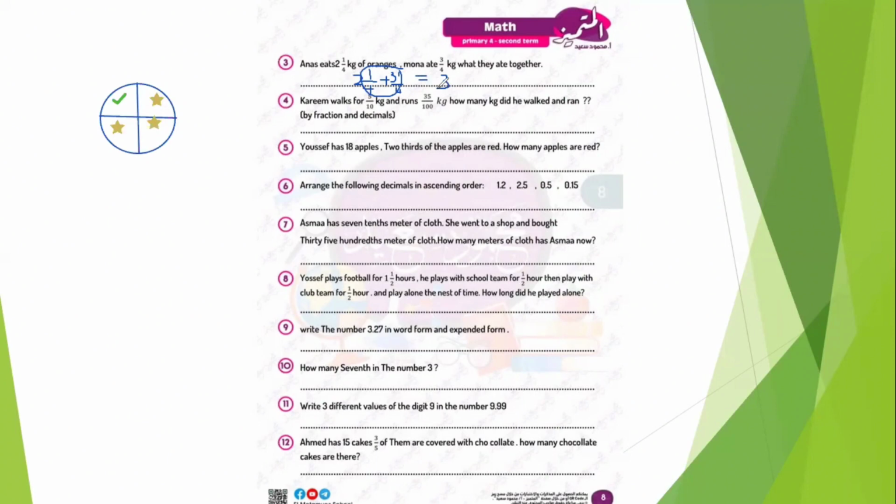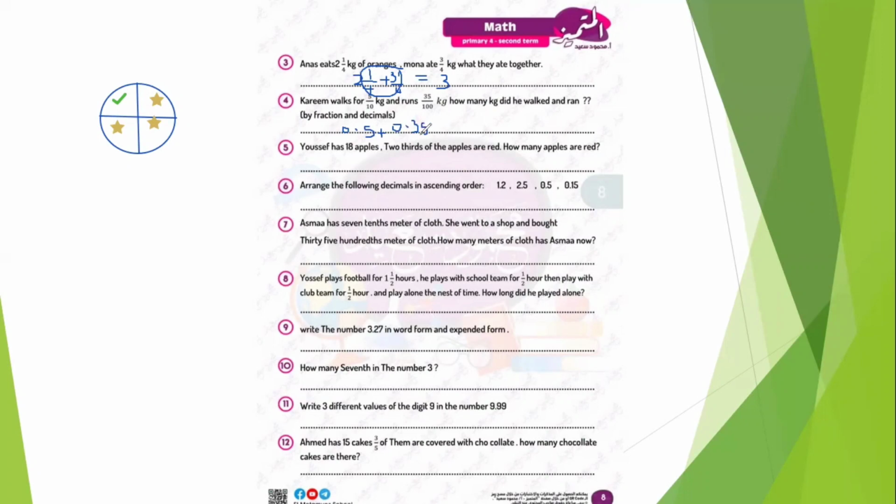4. Karim walks for 5 out of 10 kilogram and runs 35 out of 100 kilogram. How many kilograms did he walk and run? We can convert this to a decimal. 0.5 plus 35 out of 100, which equals 0.35.